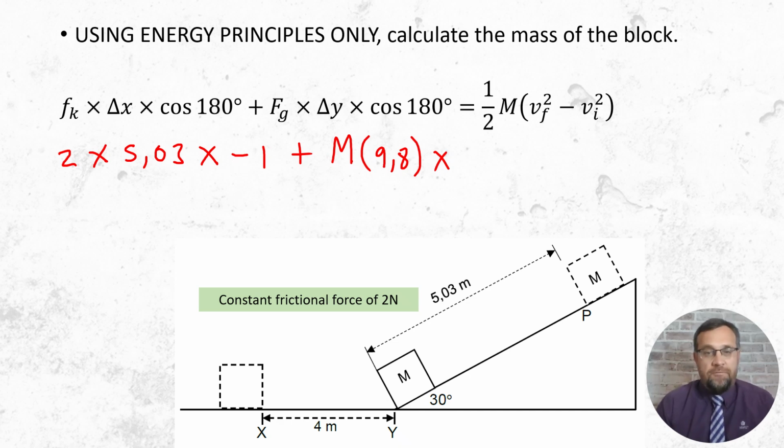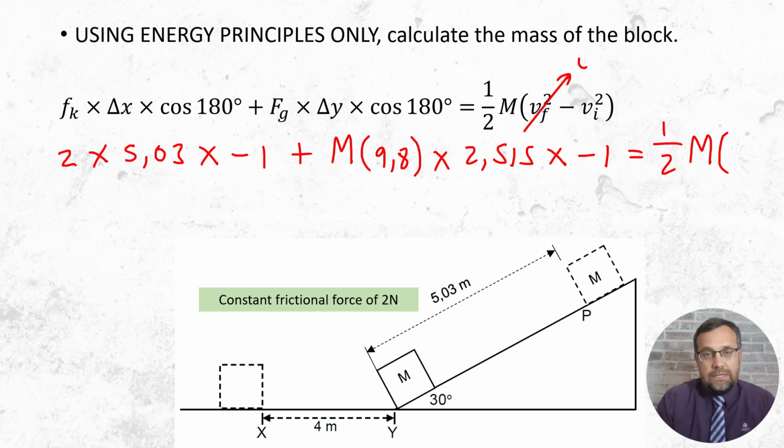That is half of 5,03, so that is 2,515 times the cos of 180. That's -1. And that is equal to half times M times. Now that final velocity value is 0 because it comes to a standstill at point P. So that is minus the initial velocity at point Y, and that is Vy squared, which we previously looked at.